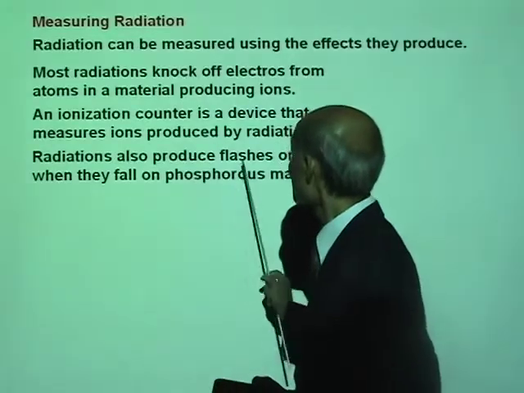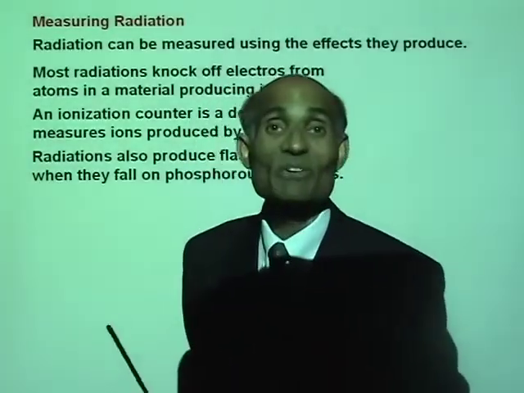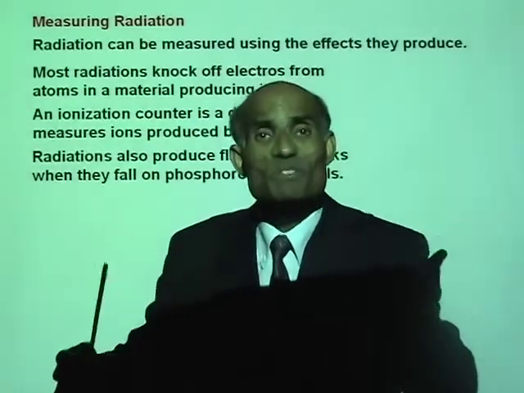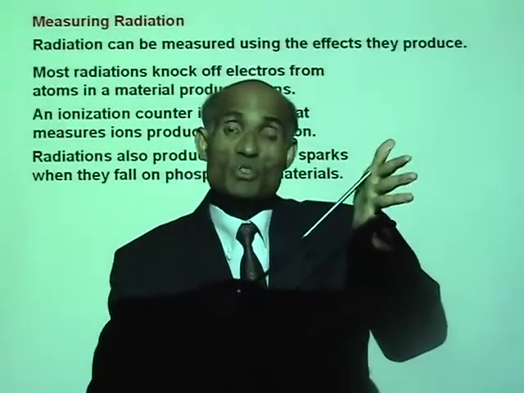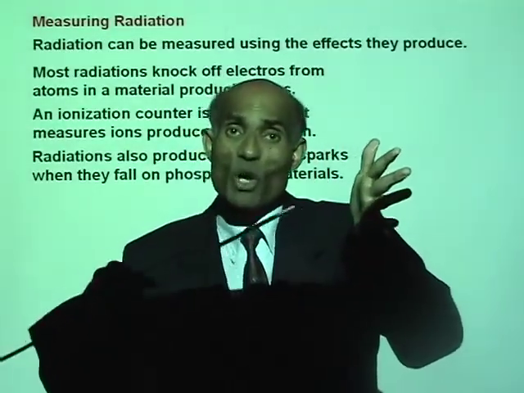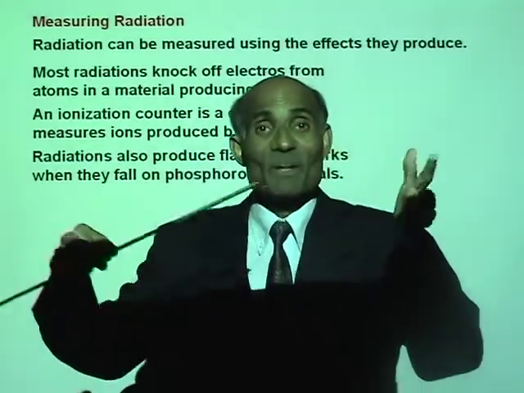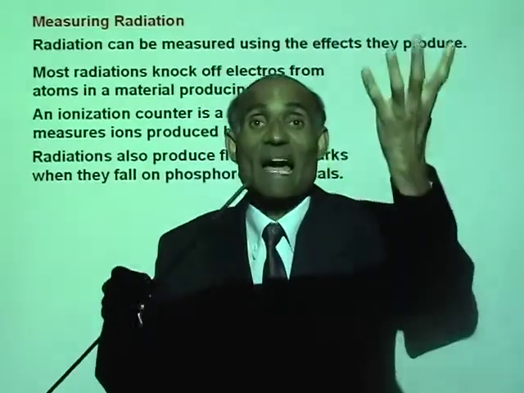Radiations also produce flashes or sparks when they fall on phosphorus materials or fluorescent materials. So if you allow radiations to fall on a material coated with a phosphorus material, the moment the radiation falls on it, it produces a flash.